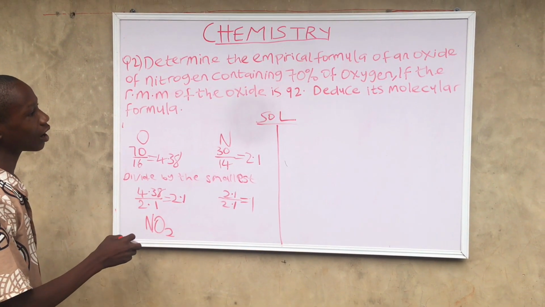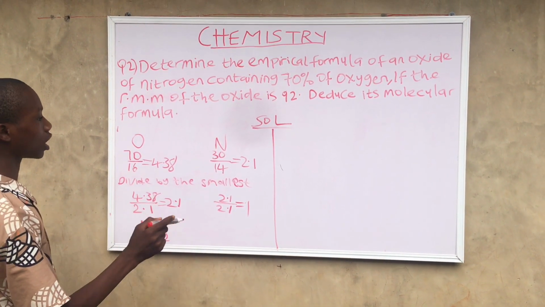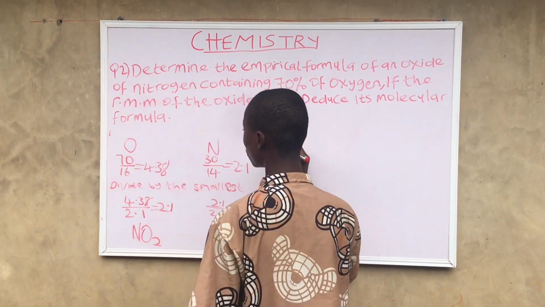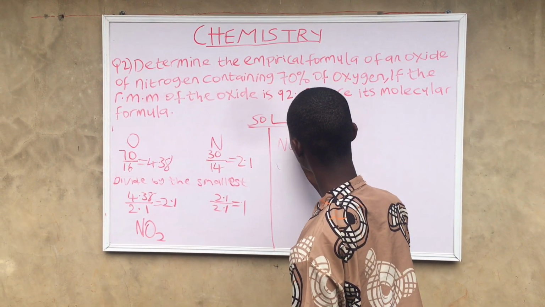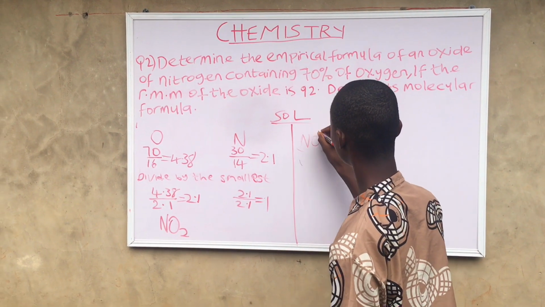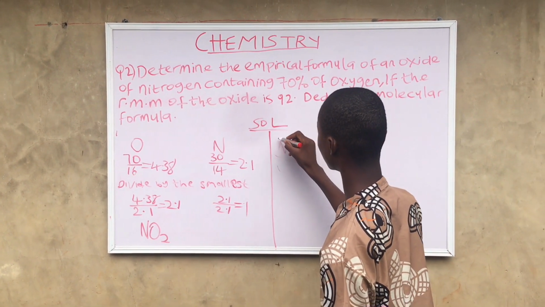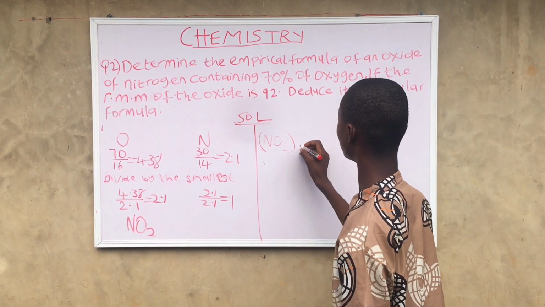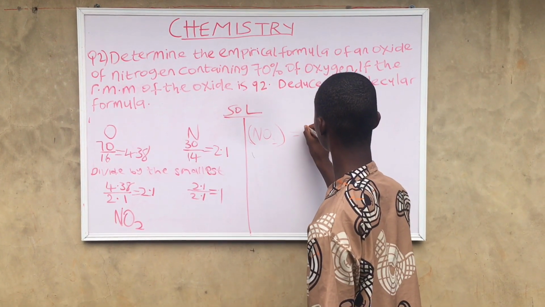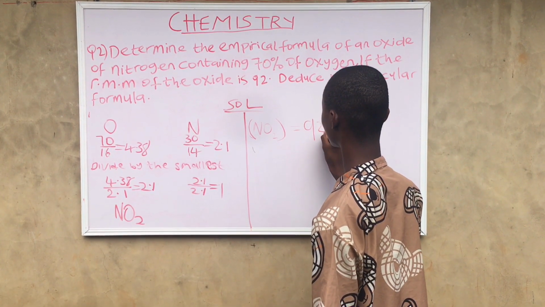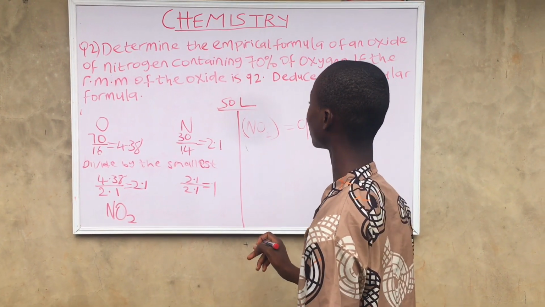So we have to find our molecular formula. Let's do that. Molecular formula: (NO2) bracket n equal to what? 92. What's our nitrogen?